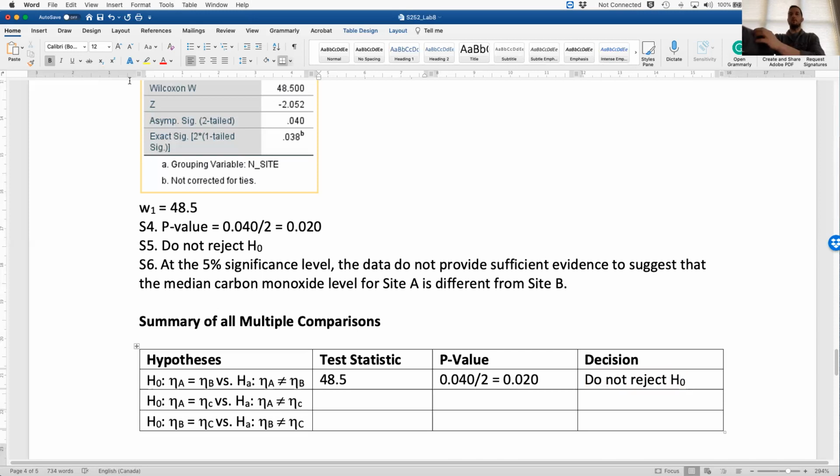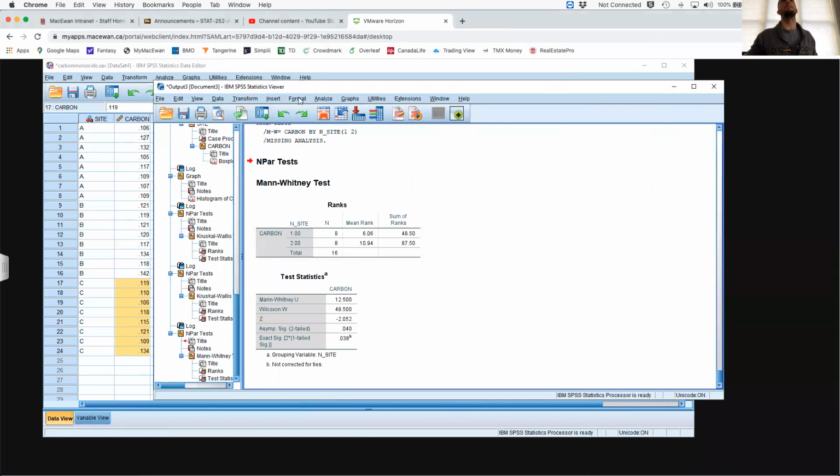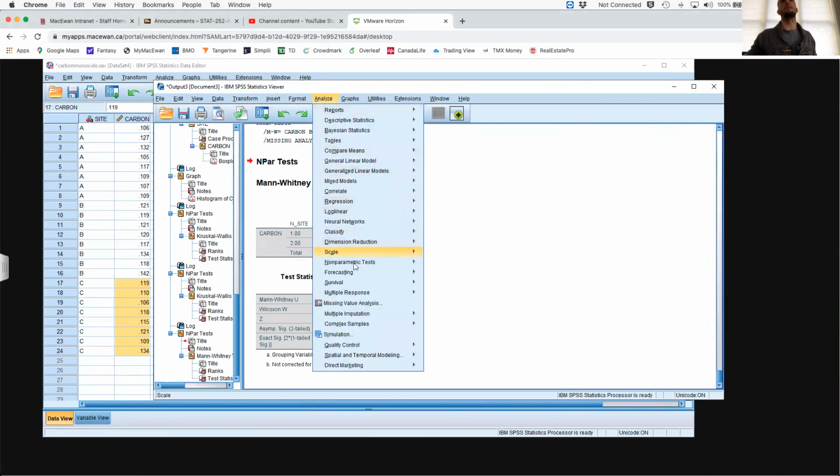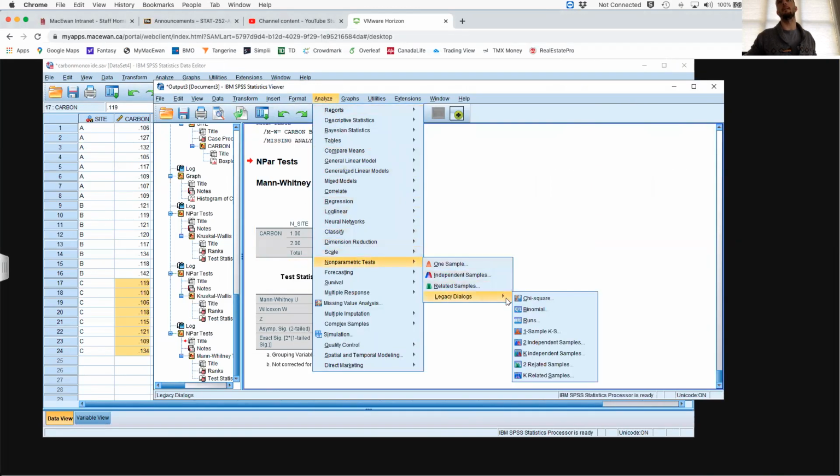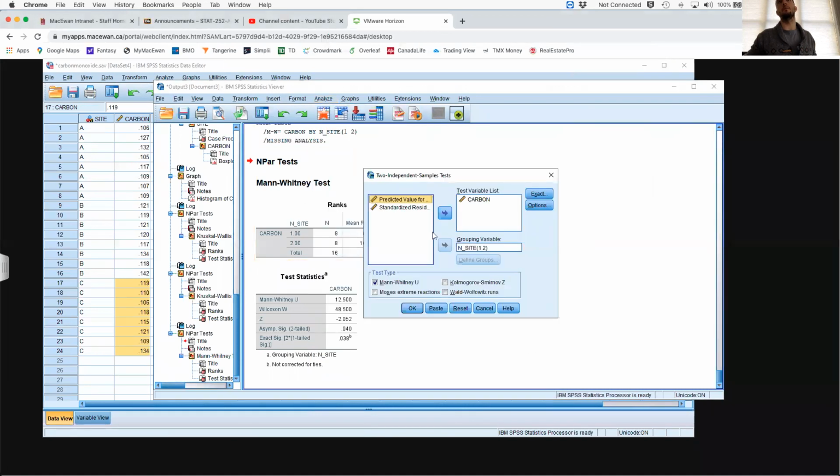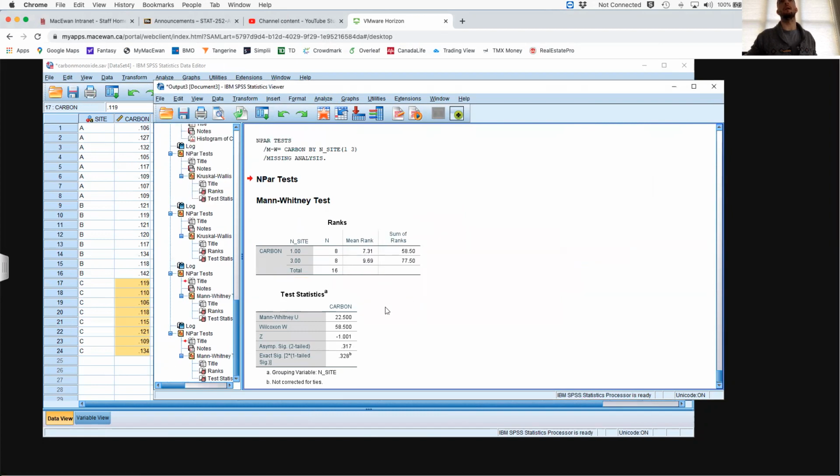Okay, and now what we can do is we can go back to SPSS and we can get the information for the second test. So we go analyze, non-parametric legacy, 2 independent samples. Okay, and then we have to click define groups, and now we're going to do group 1 versus group 3. Right. Click continue, click OK.